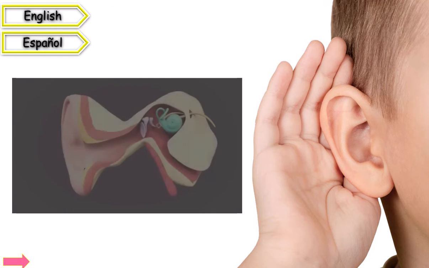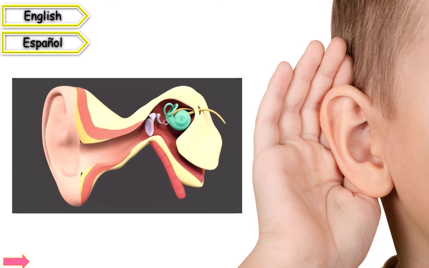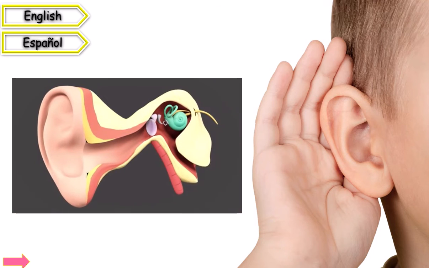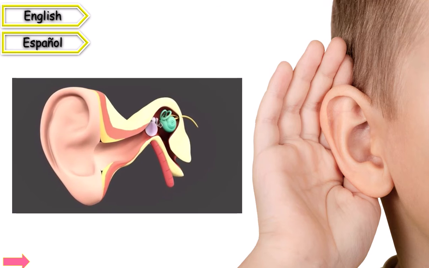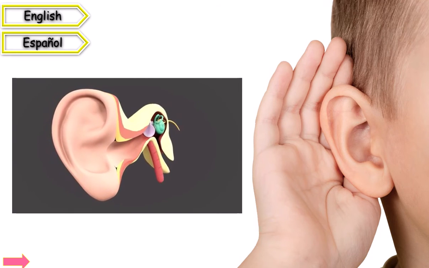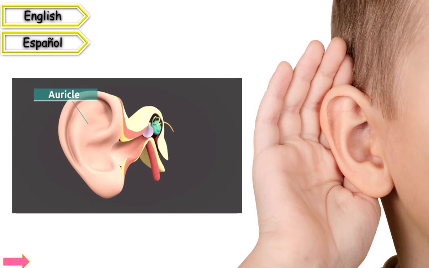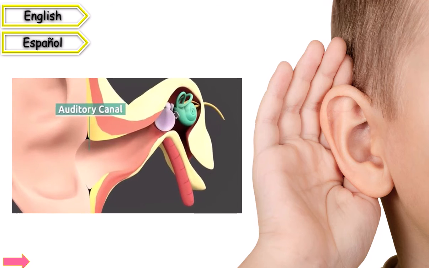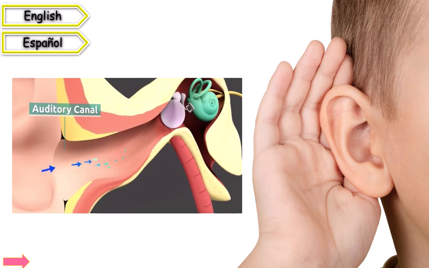The ear is divided into 3 parts: the outer ear, the middle ear, and the inner ear. The outer ear is made up of 2 parts. The auricle is the part of the ear that captures sound waves. And the auditory canal, through which sound travels to reach the middle ear.